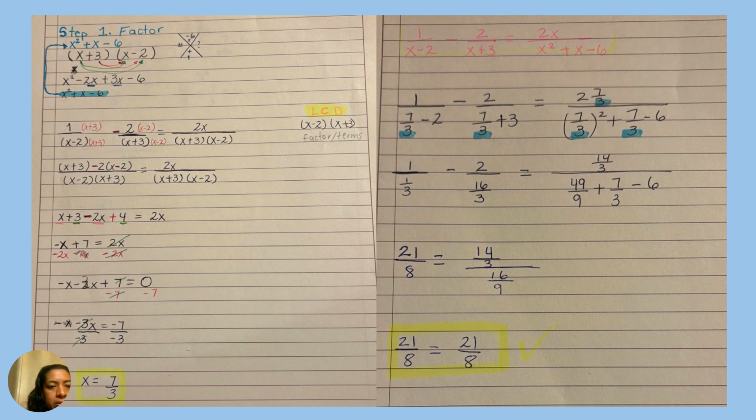So first thing, I need to see my LCD, and right here I have x minus 2, and I don't have it in the second factor, but the third one I already have it, so I just need to add it for the second one. And anything that I do in the denominator, I do also in the numerator.